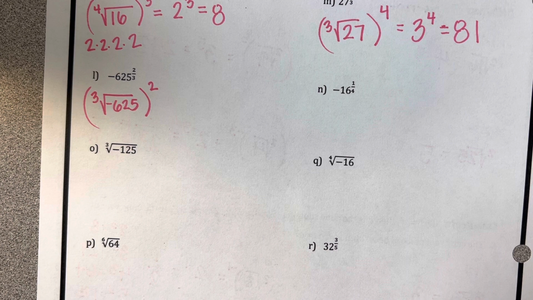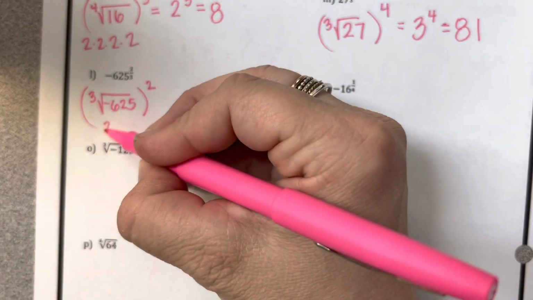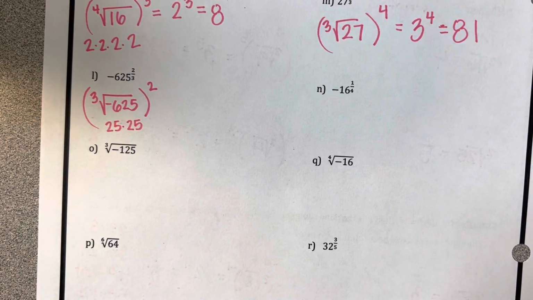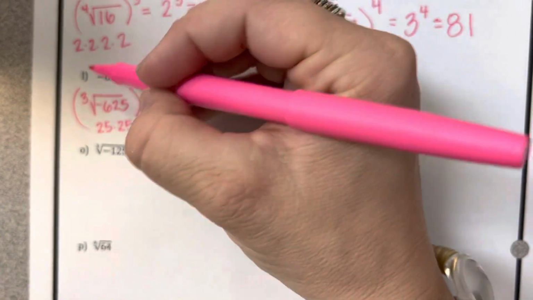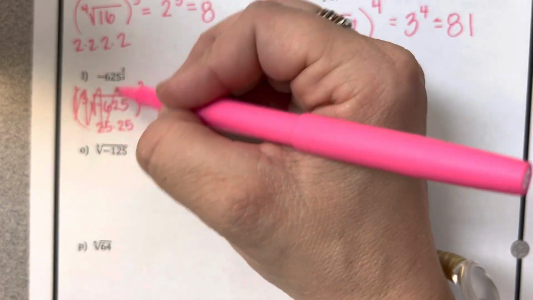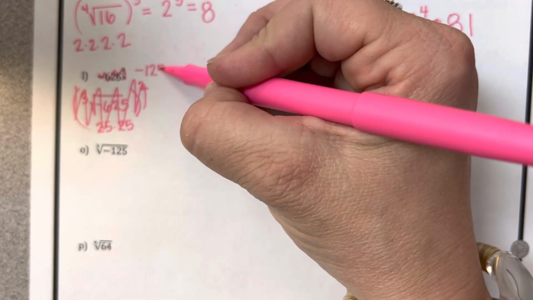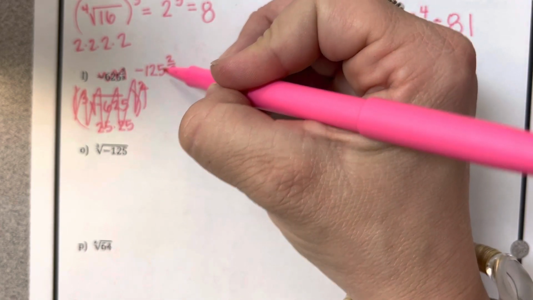It's negative 25, because 25 times 25, oh, no, it's not. Let's see. Whoops, the cubic root of 625, I may have messed up this question. Yeah, I messed that up. That's a typo on my part. As I'm saying it, I'm like, there's not a cubic root of 625. Let's do the cubic root of 125.